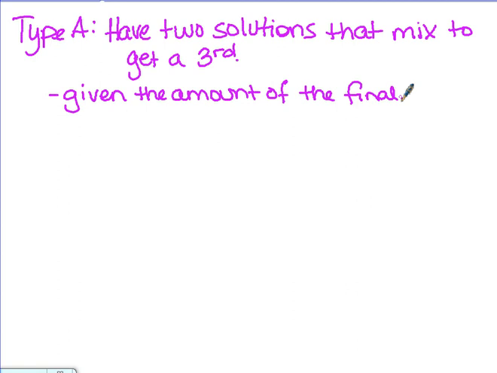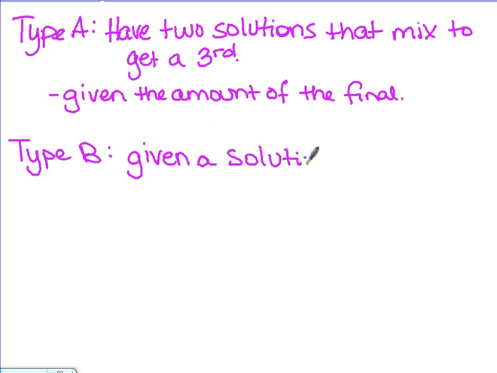All right, in these type B problems, we're going to be given a solution, and we're going to add something to the solution, or we're going to take something away from the solution to make a mixture.